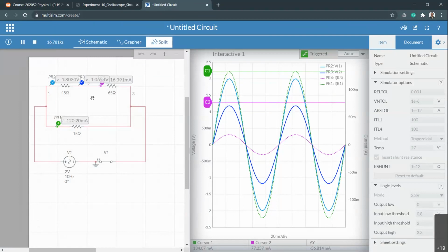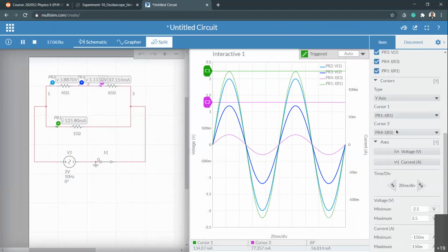All right, now I need the voltage, this dark blue one, to get the voltage difference, right? So I need the voltage axis cursor. Let's change cursor number 1 into the dark blue. That is the voltage number 2. Let's read that one.